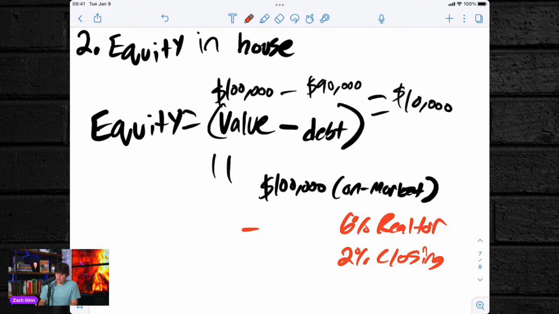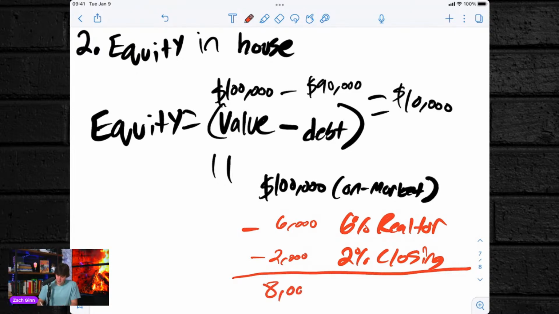I would probably say it's a little more, but honestly, it's all up to you which one you want to do. That's going to be $6K off the bat. It's going to be another $2,000. And then on top of that, maybe, just maybe, he doesn't negotiate perfectly. It has to sell for $8,000 less, right? And that will give them about $2,000 in equity if they're lucky.